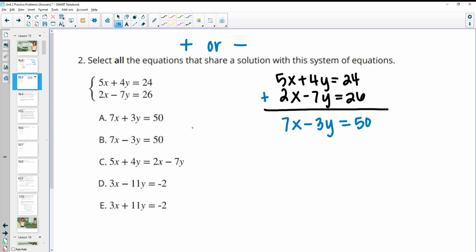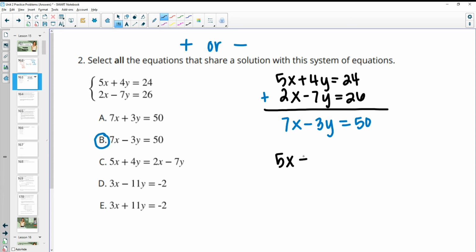So that's what we get when we add the two equations together. So if we take a look here, A has a +3, that's not +3y, that's not what we got. B has this positive 7x, the negative 3y, and the 50. So that's when we add both equations together.